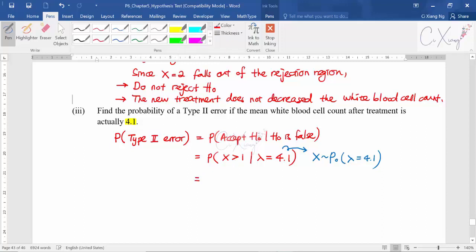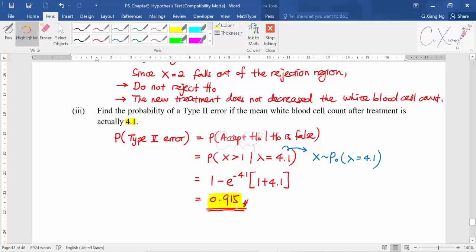So x greater than 1 means that you actually want 1 minus e to the negative lambda, then x equals to 0 is 1, x equals to 1 is lambda. Okay, then from here you get 0.915. Okay, so this is what we have for type 2 error.